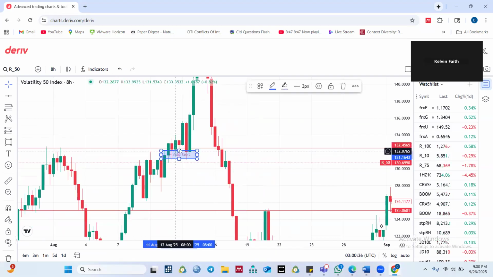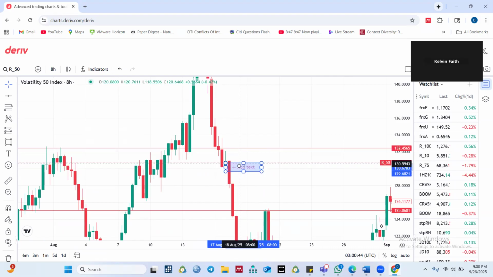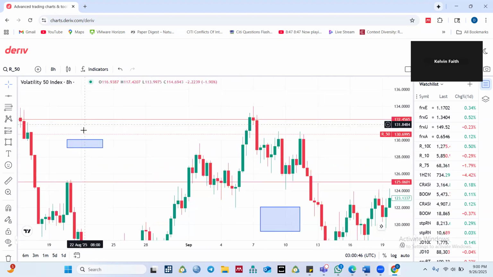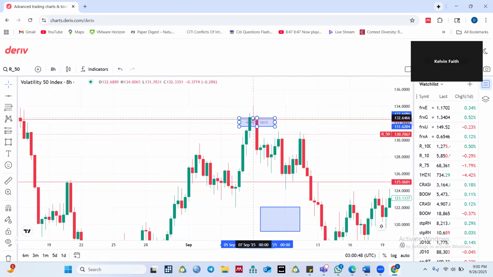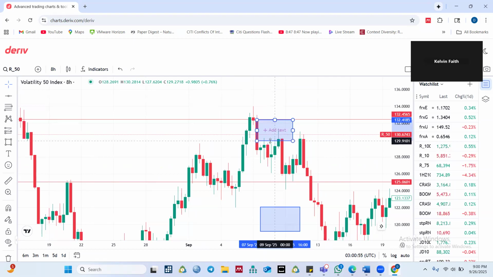Then also price came, closed with a big body below it, retested and used it as resistance to drop. So we see price come back to it, hit it, reject off it, bearish engulfing, and then price sold.